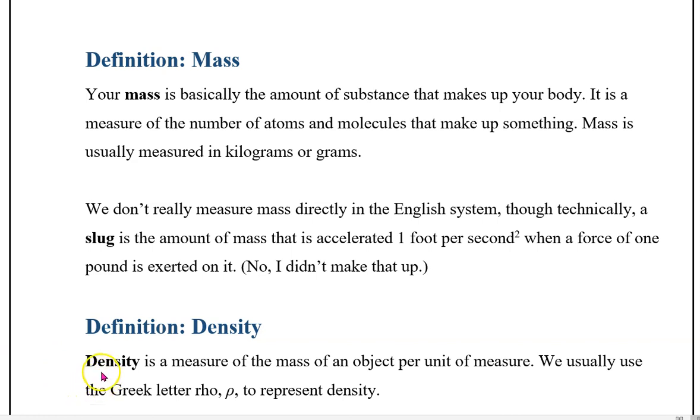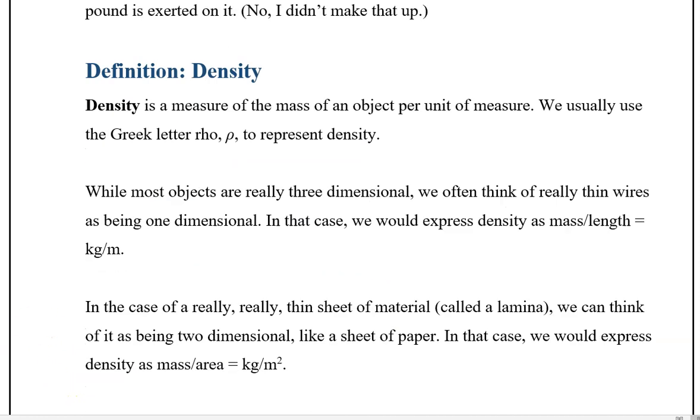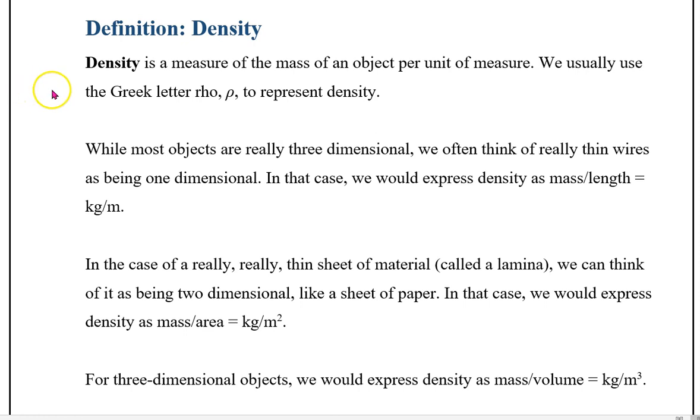What about density? Let's take a look at what density is. When we're talking about density, we're measuring the amount of mass in an object per unit of measure. Now, it depends on the object as to what the unit of measure is. If we think of something like a very thin wire, we think of it as basically being more or less one-dimensional.